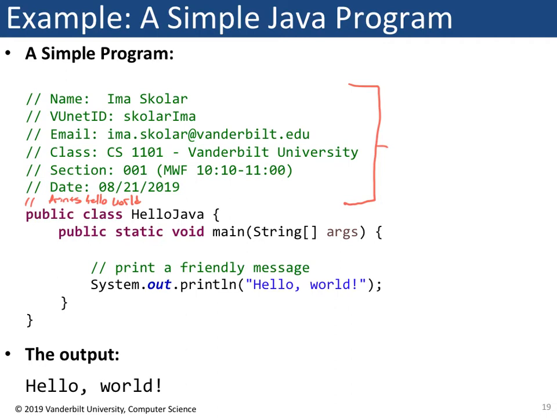And our main method is going to issue a command which is system.out.println, and then we're giving it the string literal hello world. So then the computer is going to generate this output.